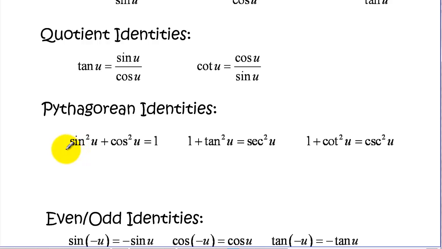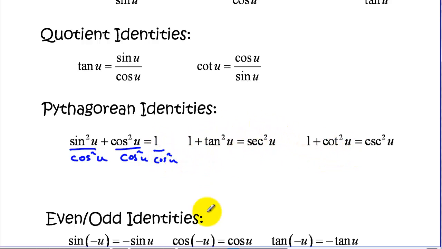If we divide this equation all the way across by cosine squared, I would get here the tangent squared, 1, and that's going to equal, if I take the reciprocal of that, the secant squared.